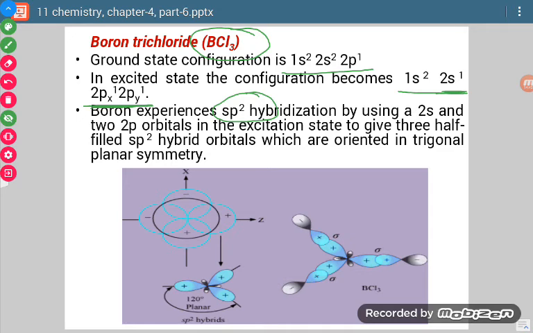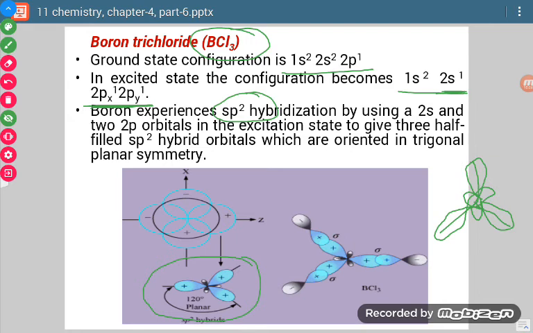Okay, and 3 orbitals will be formed which are called hybridized orbitals, and our boron atom will look like this. These 3 orbitals are like this: 1, 2 and 3.